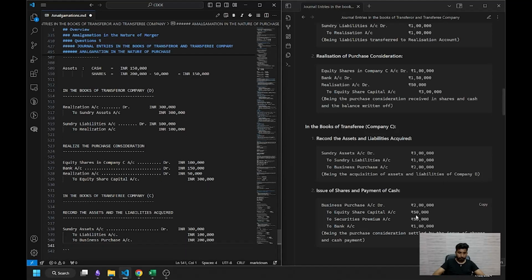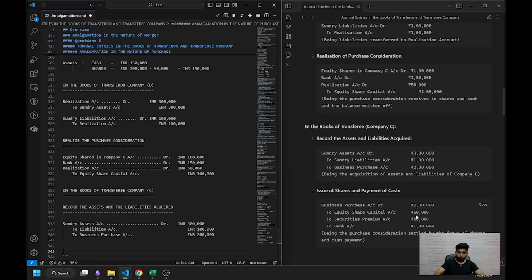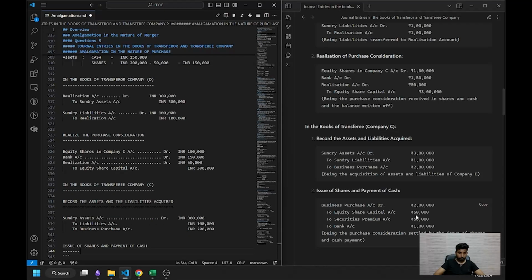Then, next up, issue of shares and payment of cash. The next step, we will issue the shares and we will make the payment in cash.